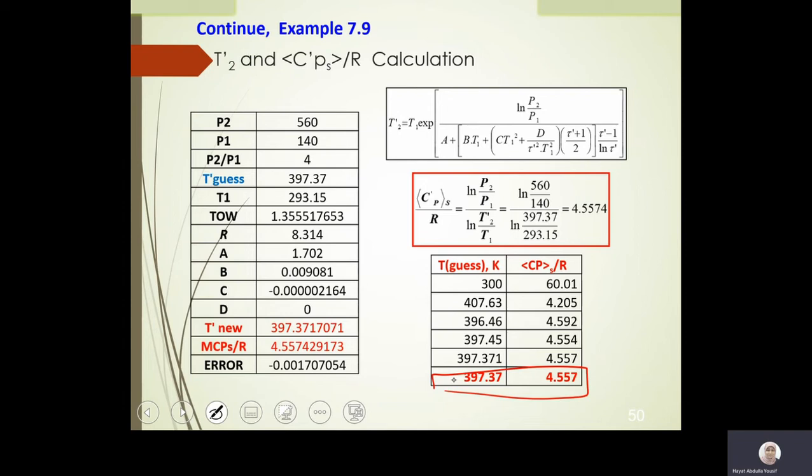In other words, if I do have T1 and I do have delta H, the only unknown is going to be T2 and CPH, and CPH is already a function of T2. It means the only unknown is T2. And this is what's happening here. I just rearranged the equation, and for methane, I do have A, B, C, D values from the appendix. I have the equation. Upon iteration, I got the actual temperature.